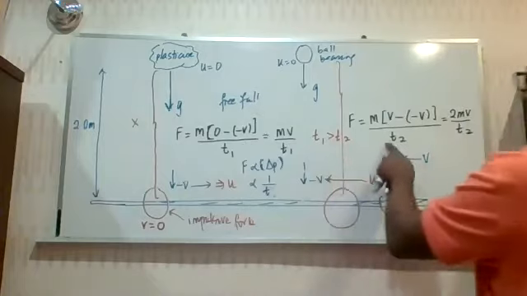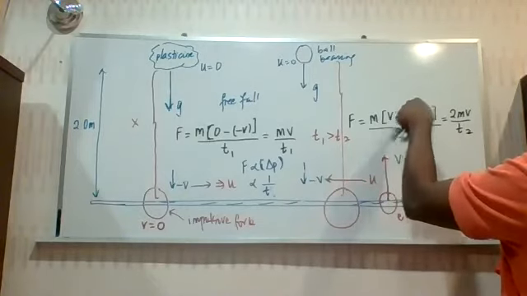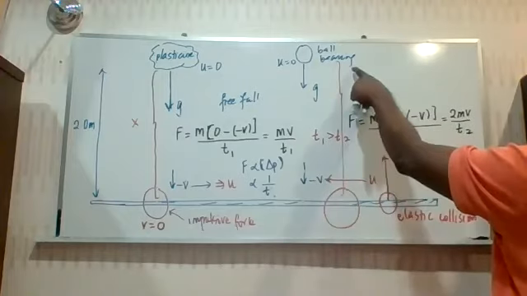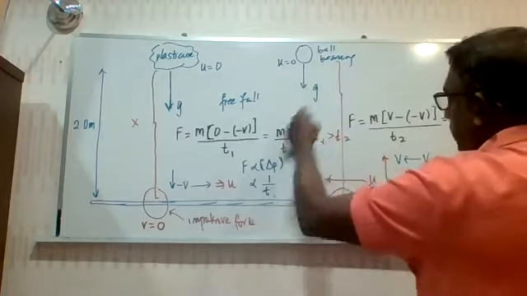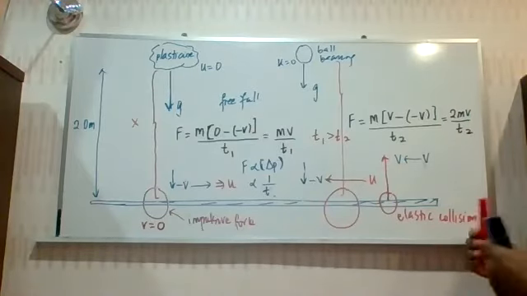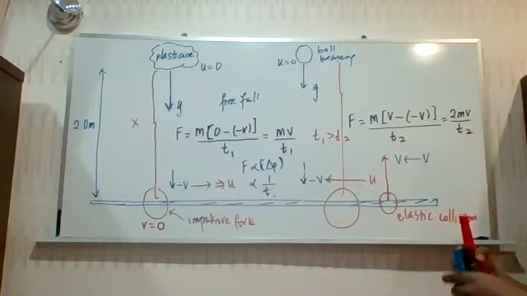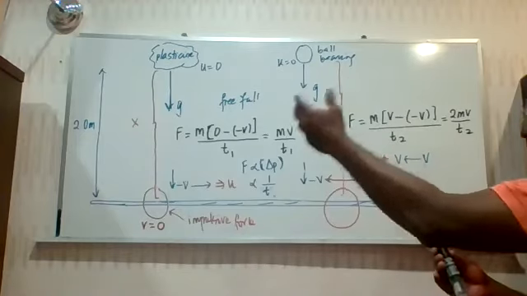Even if the time is the same, the change in momentum experienced by the ball bearing is in fact double that of the plasticine. Therefore, your verdict should be that the ball bearing will exert a bigger impulsive force on the metal surface, and will also experience a bigger impulsive force compared to the plasticine.